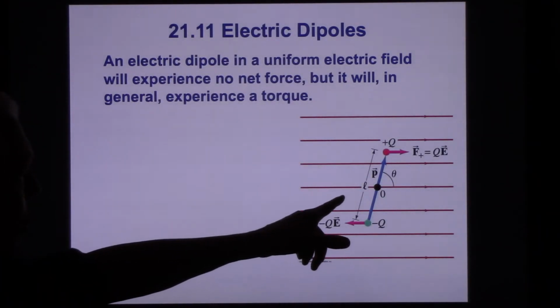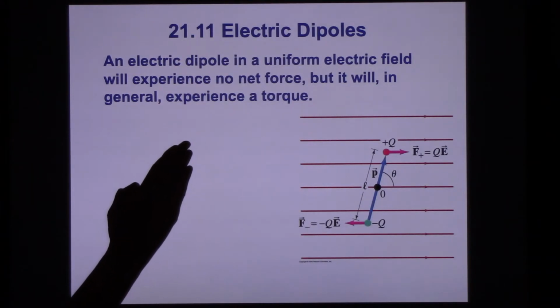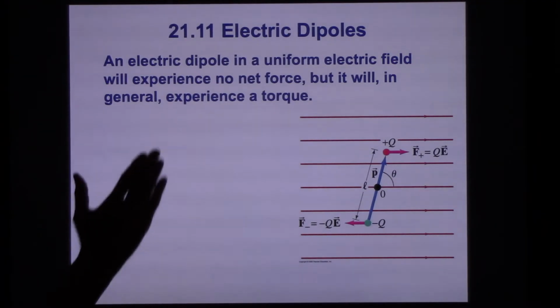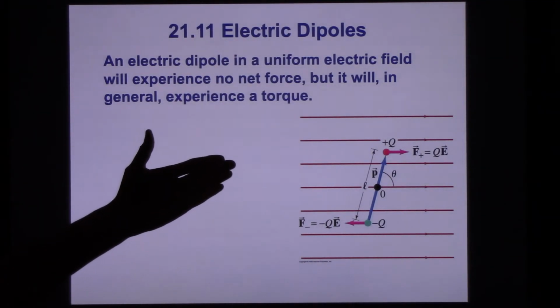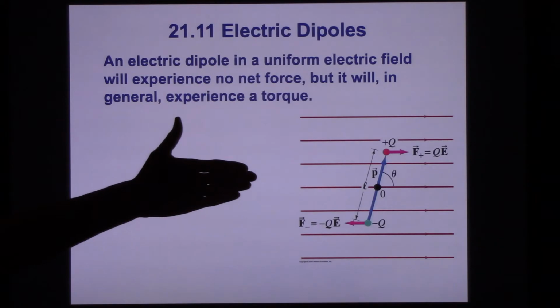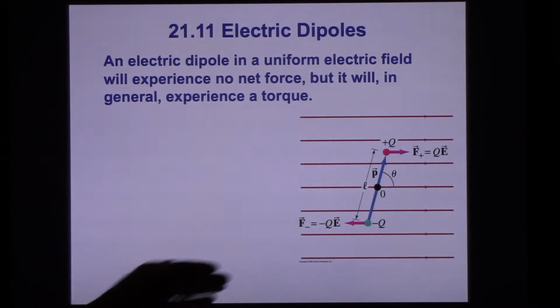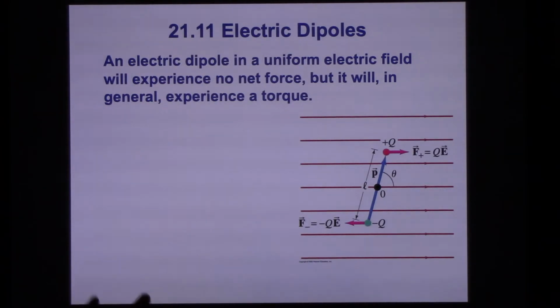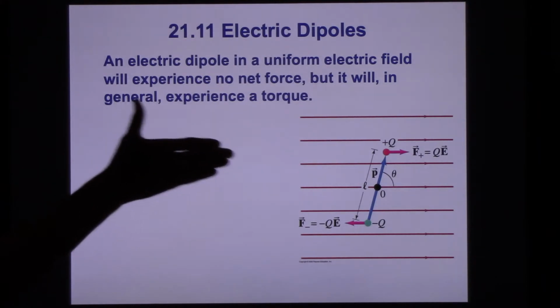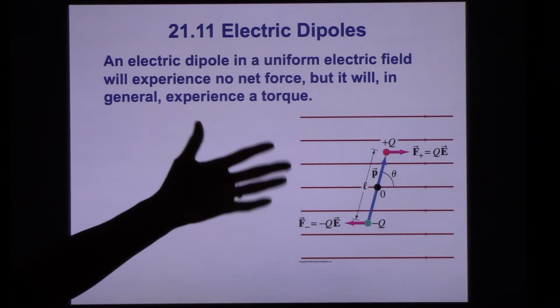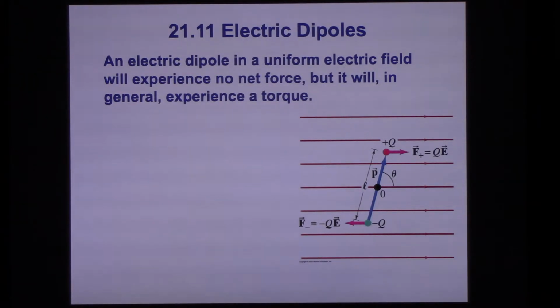If we look at the torque acting on this, what's happening to the object is the torque is rotating it so that the dipole direction will align with the E field direction. If I take a dipole and place it so that it lines up with the E field, there's zero torque and it just remains stable within that electric field.